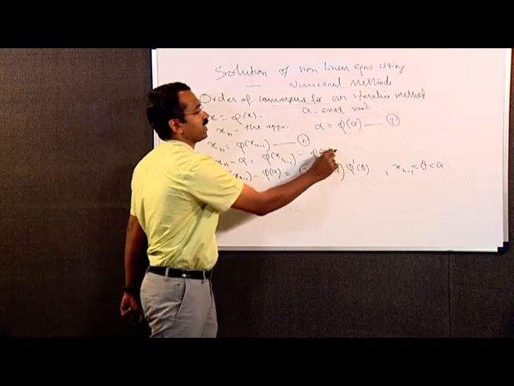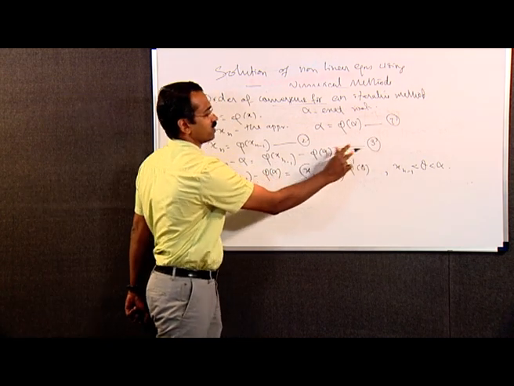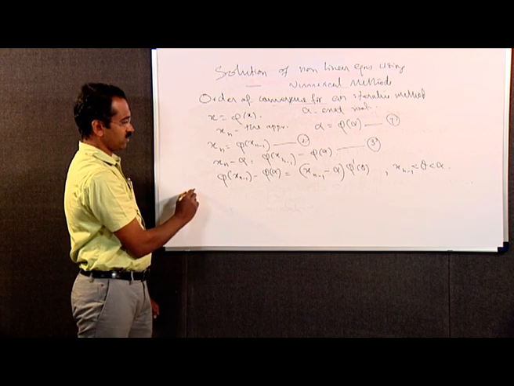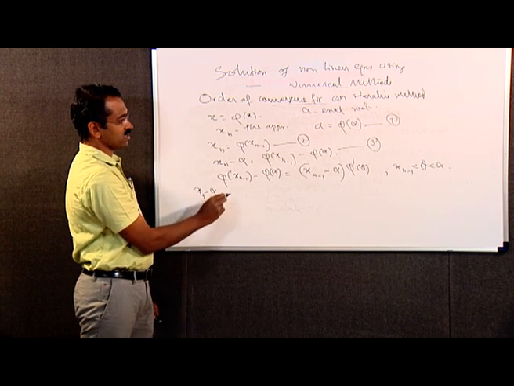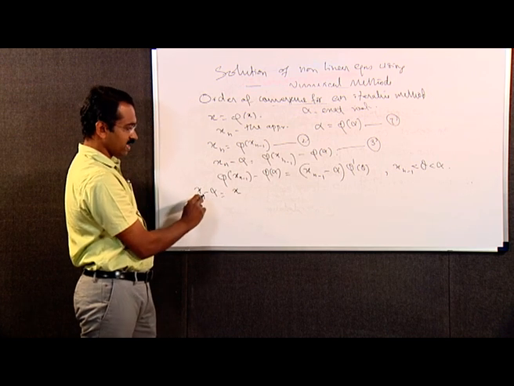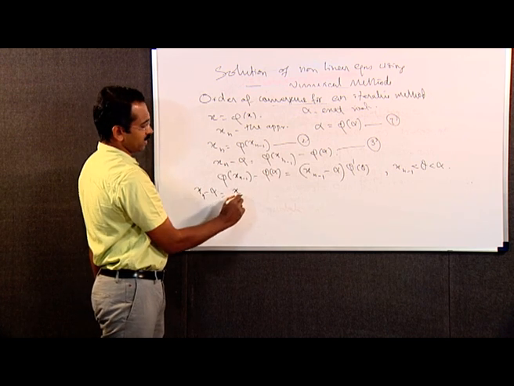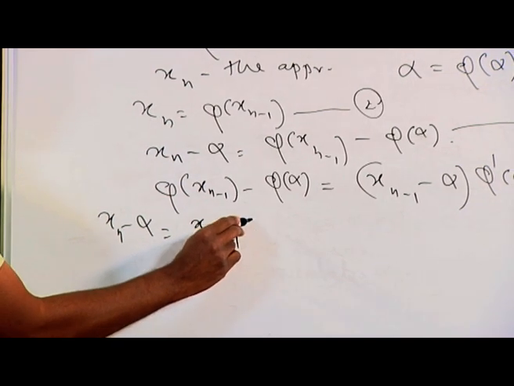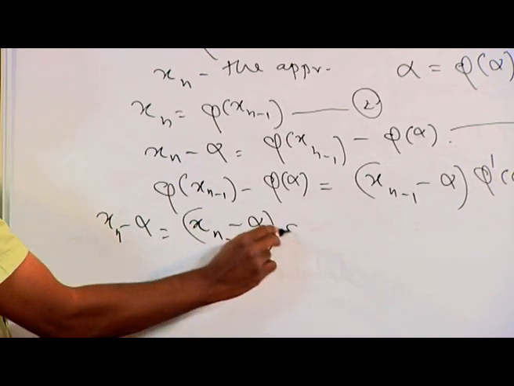Therefore, we can write x n minus alpha is equal to x n minus 1 minus alpha into phi dash of theta.